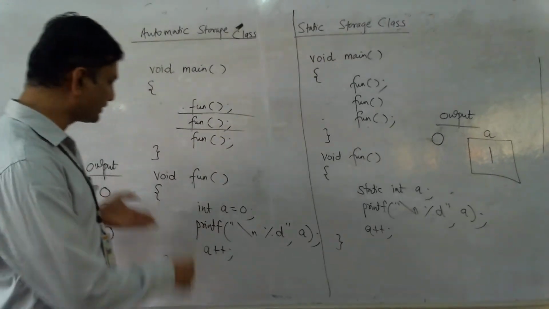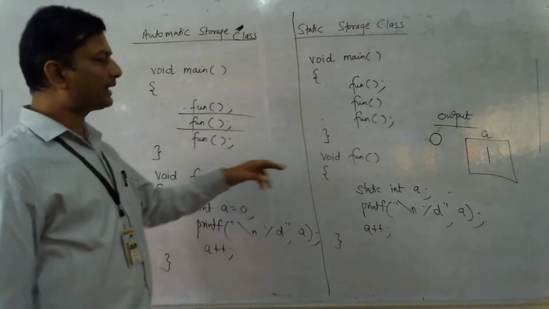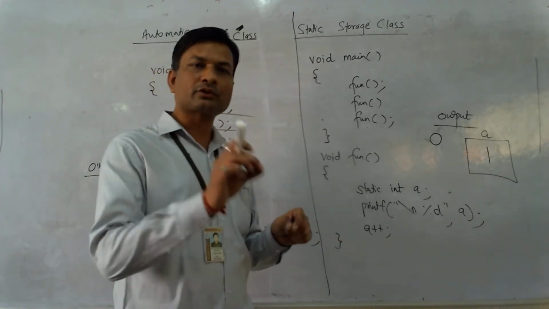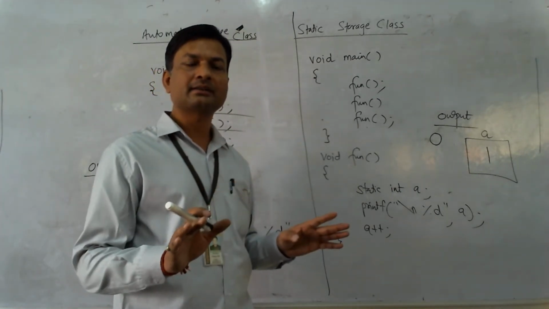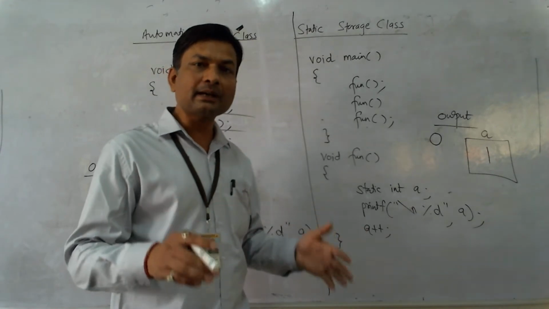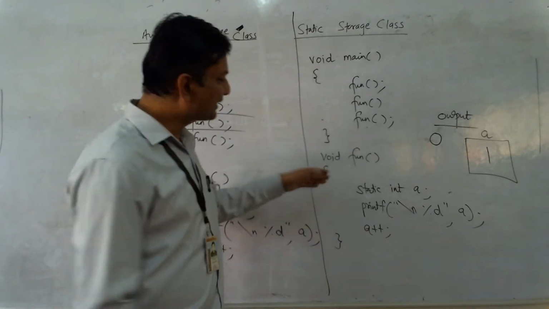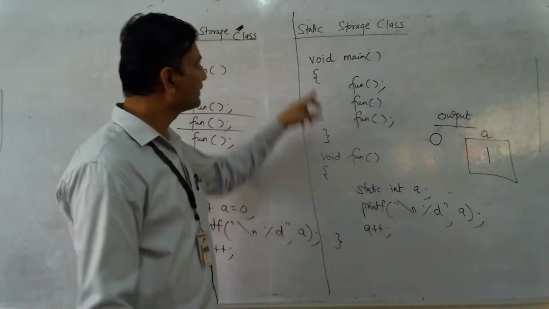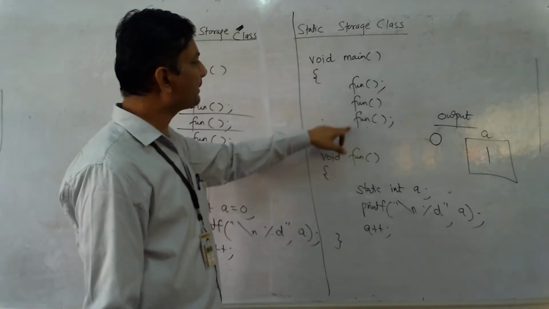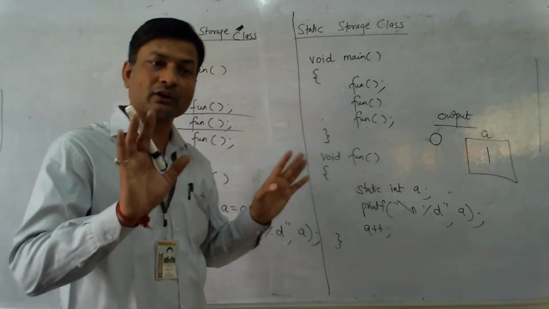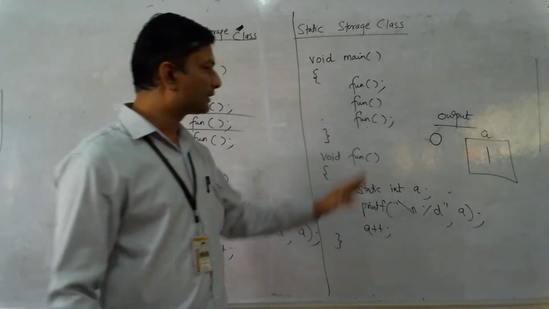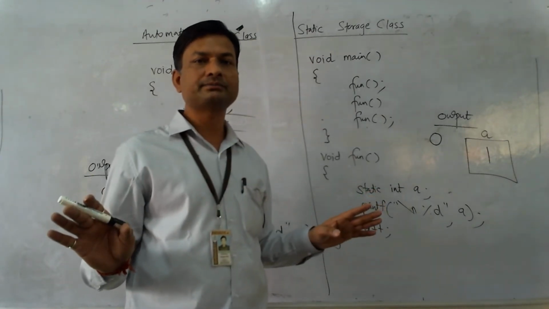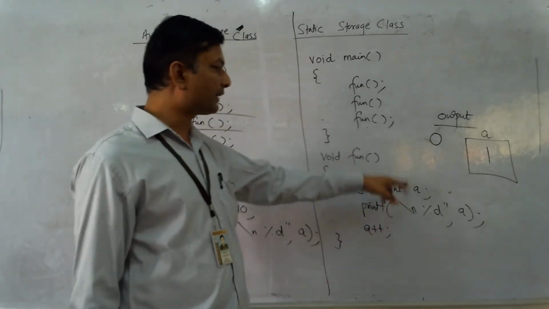As I mentioned earlier, if the variable belongs to static storage class, it will not be deleted till the program ends. This block ends, not the program. Program will be completed when the last statement of main function is executed. Till then, this variable named A will not be deleted from memory. Understood? This variable will not be deleted.